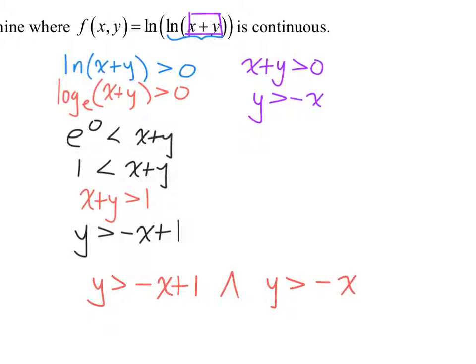Exactly. Therefore, y has to be greater than negative x plus 1. The y greater than negative x is irrelevant, right? Because that's covered in this one. Or at least the relevant parts, because if it has to be more than this one and also more than that, we're looking for the overlap.